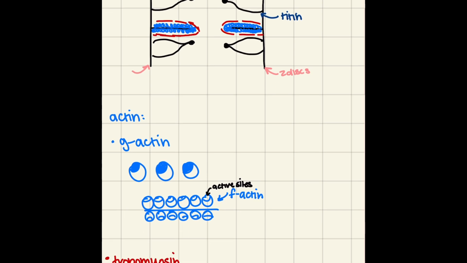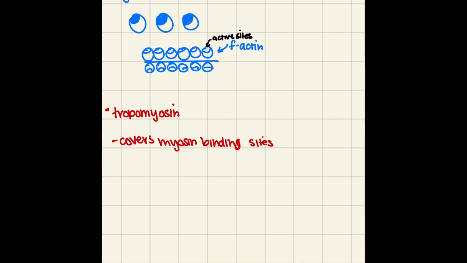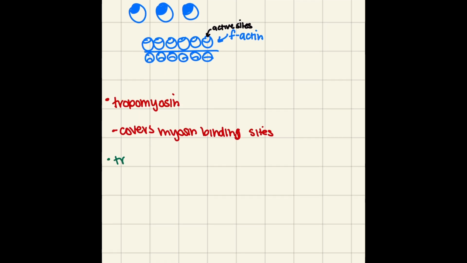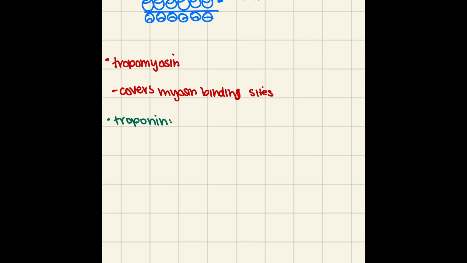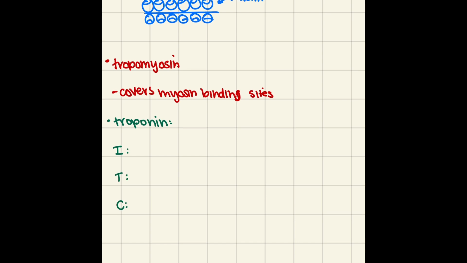And then the third component of actin, the last component of actin, is called troponin. Troponin is a 3-component complex. There's I, T, and C troponin. I troponin has a high affinity for F-actin.